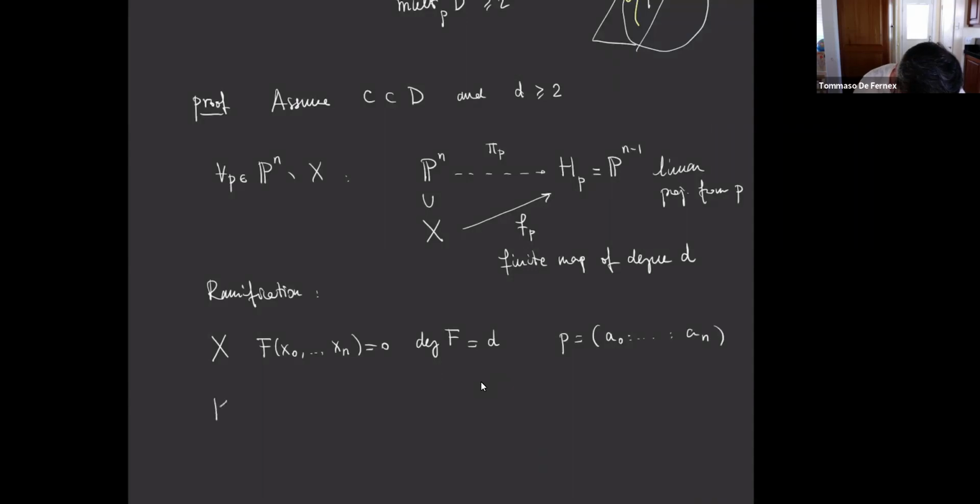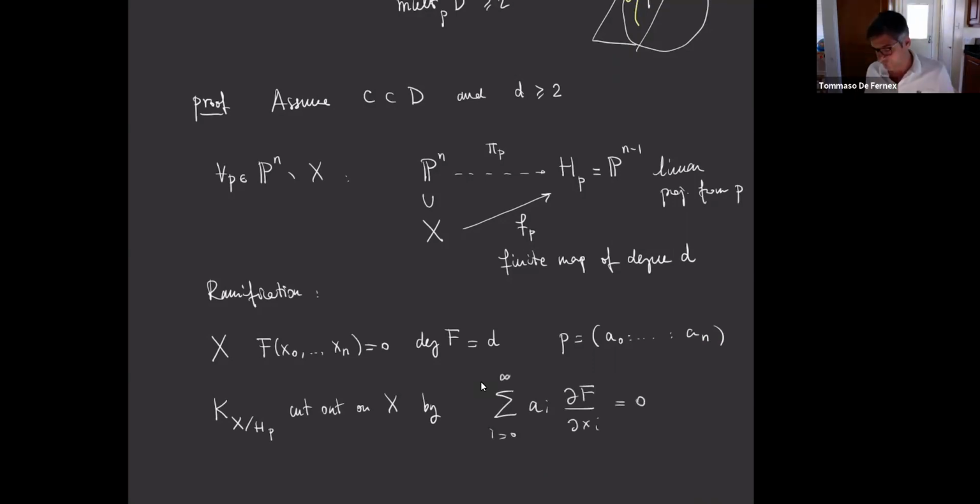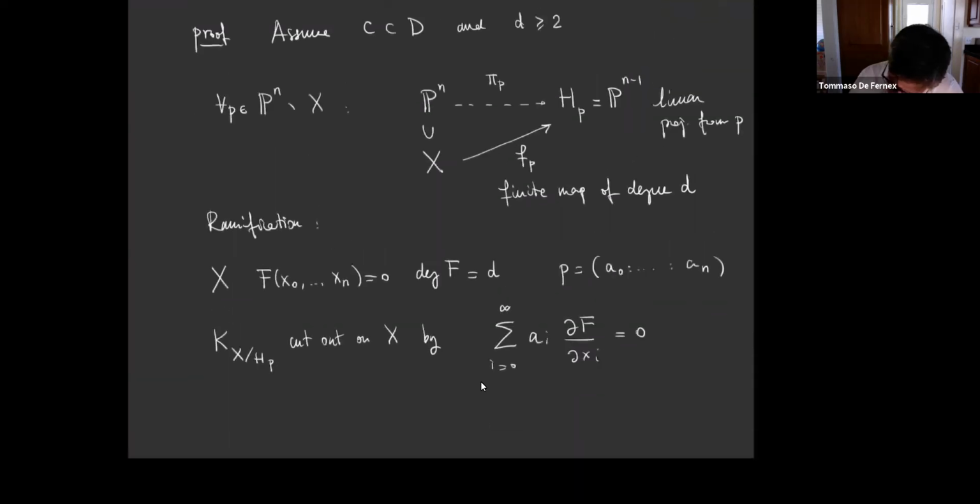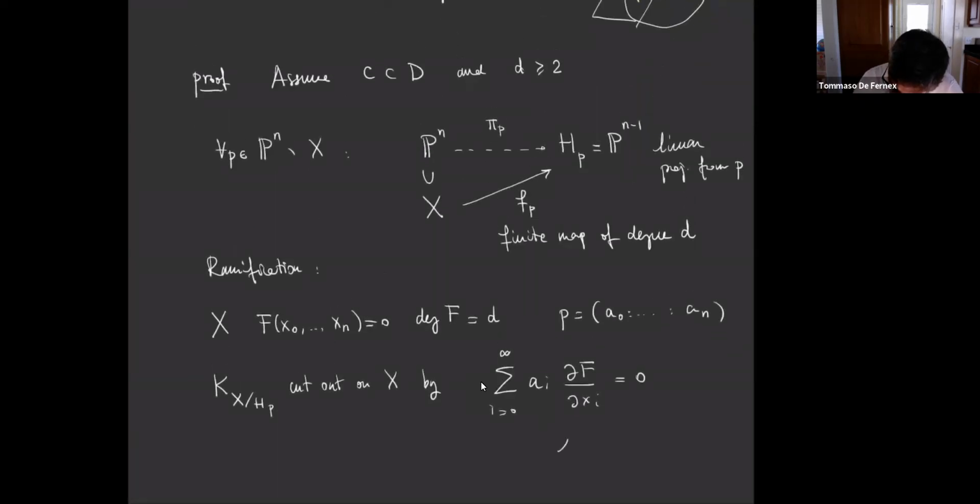So the ramification divisor, which I denote by K_{X/H_P}, is going to be cut out on X by the sum of a_i times the partial derivative of f with respect to x_i, equal to 0. So this itself is a form of degree d minus 1.